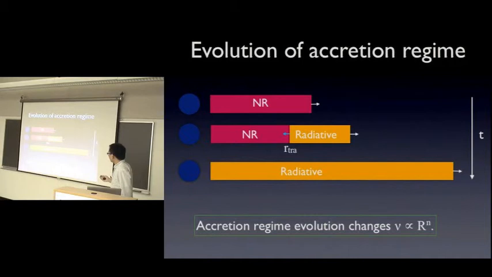The outer disk starts to become radiatively efficient, and the inner disk may still be non-radiative. And eventually, the entire disk will become radiative. This change of accretion phase is important because in each regime, the power-law index of the radial dependence of the kinematic viscosity will be different. Then the temporal power-law of the viscous spreading accretion rate would be slightly different.